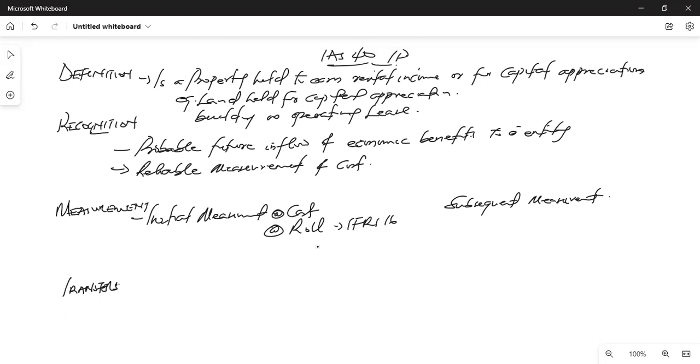What you need to know also is the subsequent measurement. As for the initial measurement, whichever one you pick, you apply it consistently. For the subsequent measurement, we have two: the cost model and the fair value model.